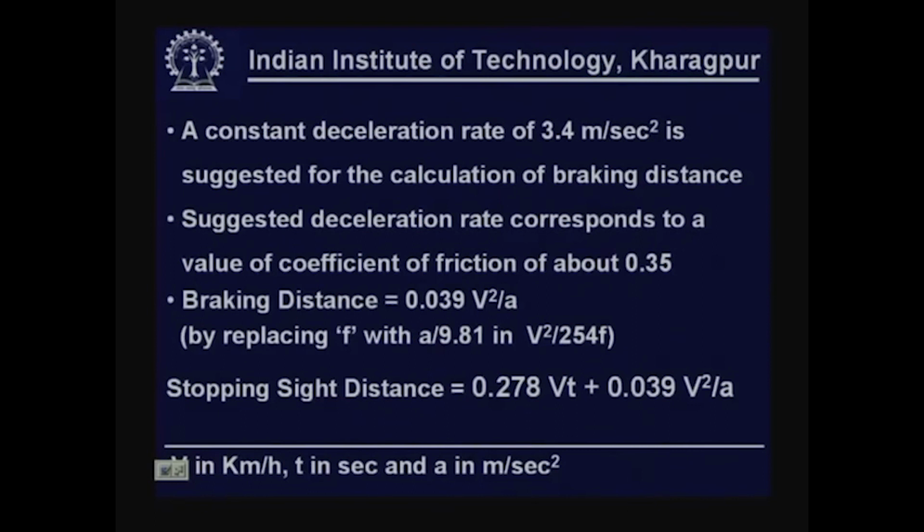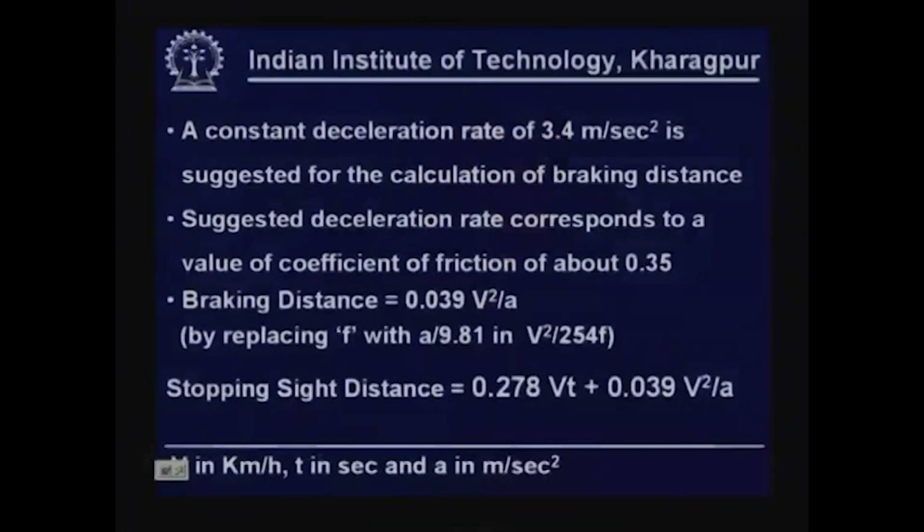Using deceleration rate, the braking distance can be expressed as 0.039 v square by a, where a is the deceleration rate and v is in kilometer per hour. It is basically the earlier equation v square by 254 f.